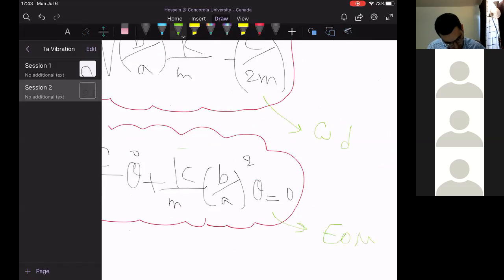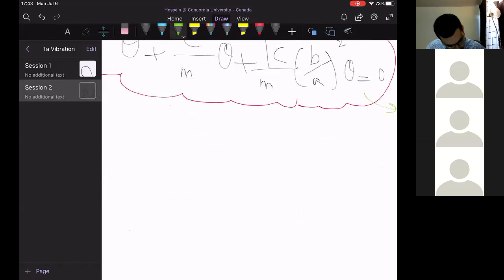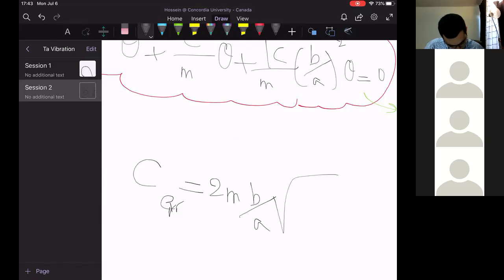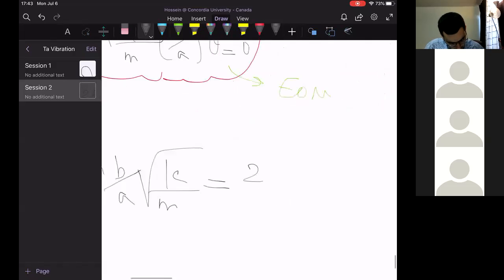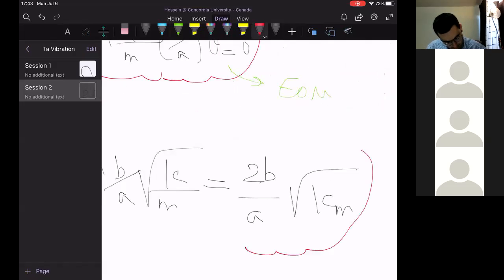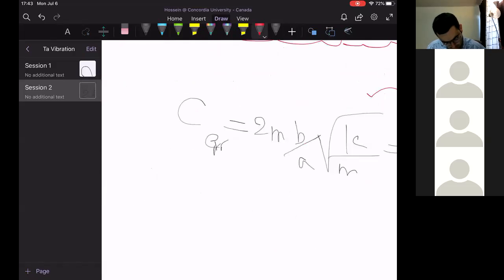Equation of motion and critical damping. C critical is obtained as either 2m b over a square root of k over m or 2b over a multiplied by square root of km. So this is the final answer for C critical we were supposed to find.